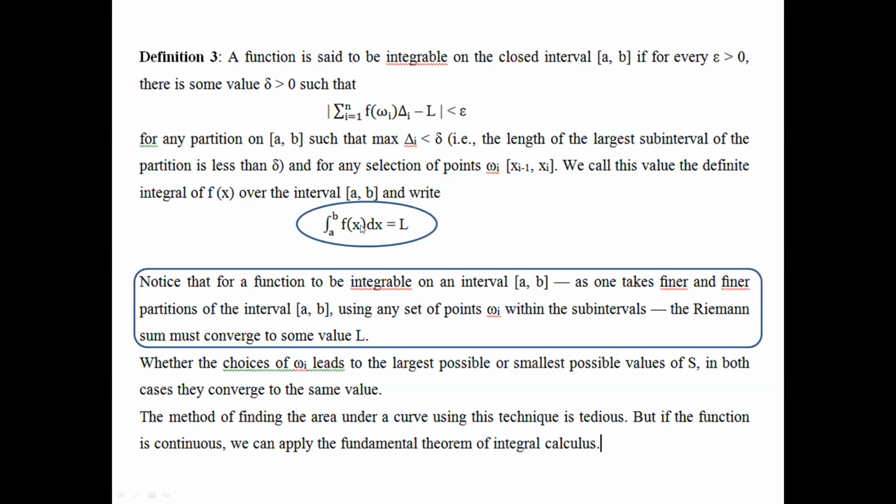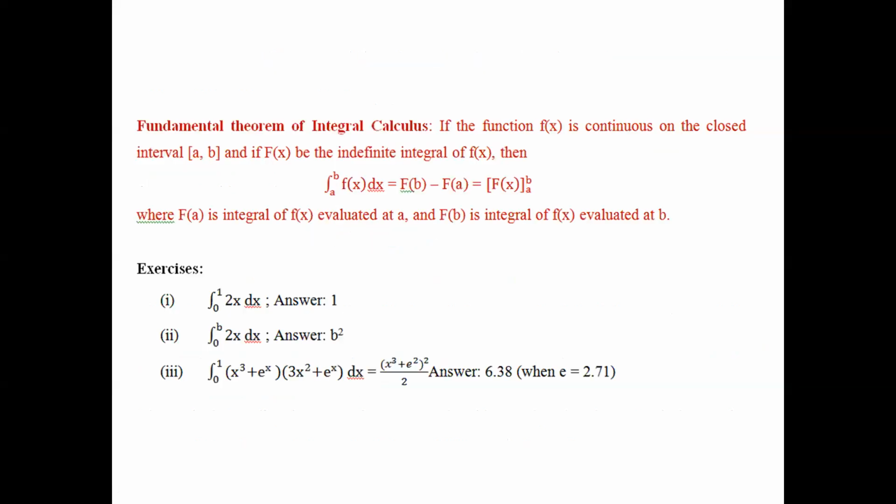So in that case, what we have to do is we simply integrate the function and then find out the value at b. We find out the value at a and deduct the second from the first. This will give us the Riemann sum. So in other words, you know the meaning of integral of a to b f(x) dx. So this is, in the limiting case, equal to the Riemann sum.